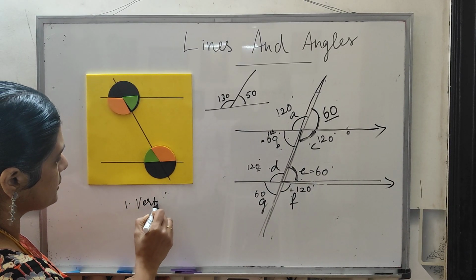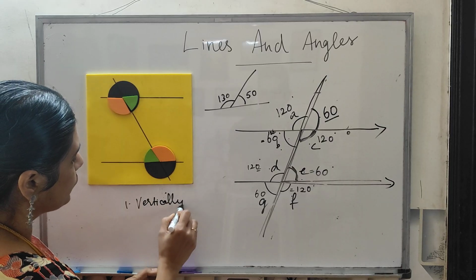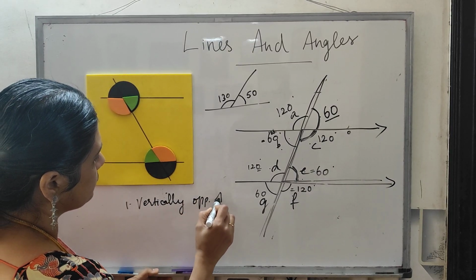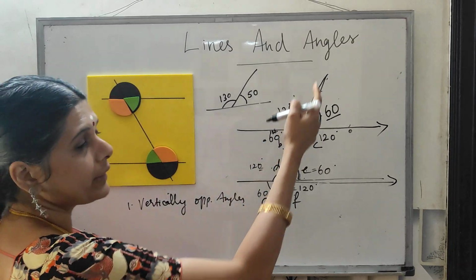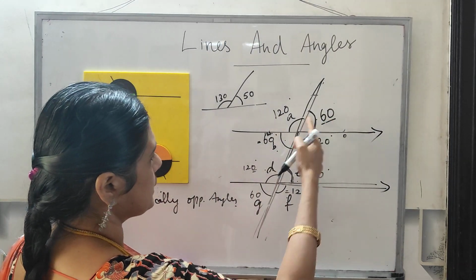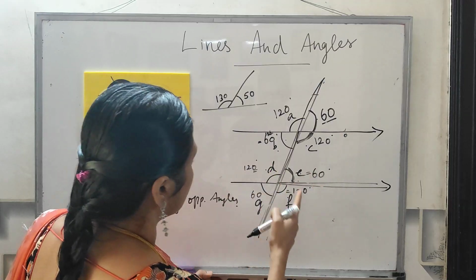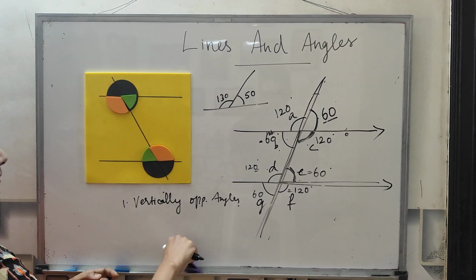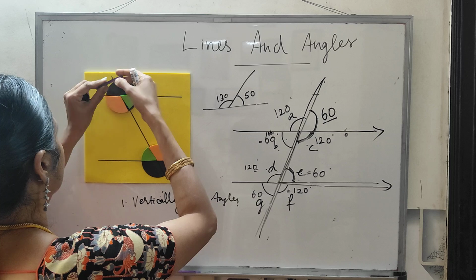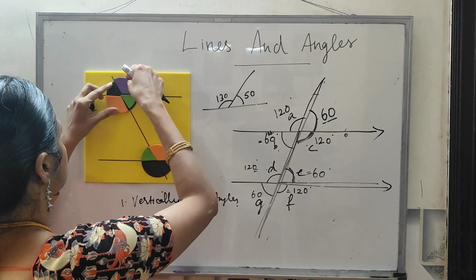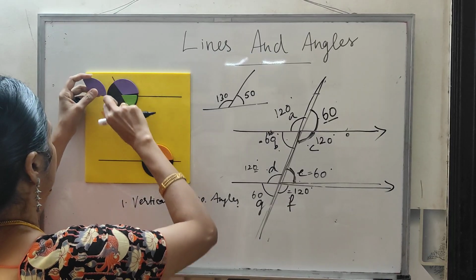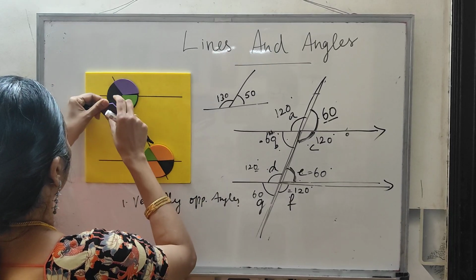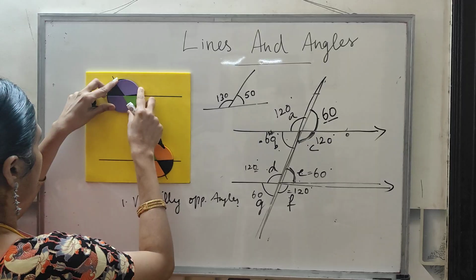Vertically opposite angles. Vertically opposite angles are equal. Vertically opposite angle means what? Cross mark. This is equal to 60, 60 is equal to 60. Again 120 is equal to 120. In that way it is. Again here also vertically opposite angles are equal.